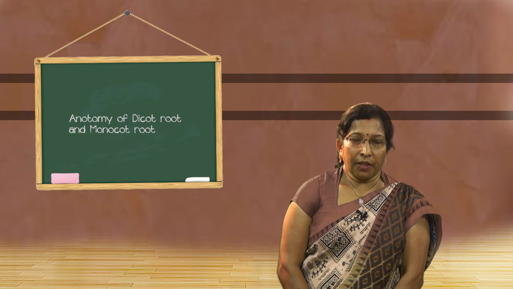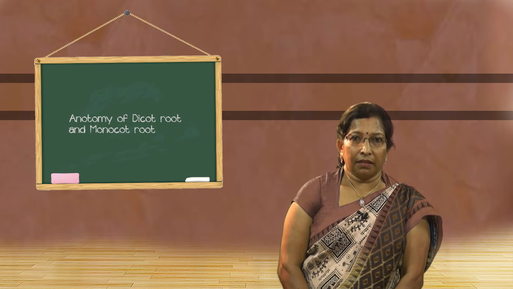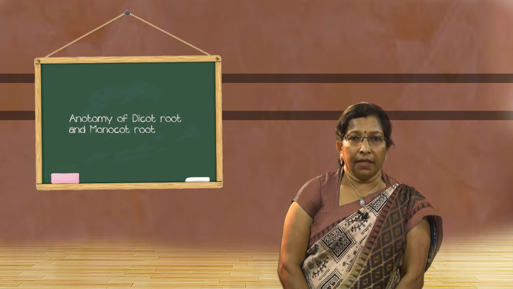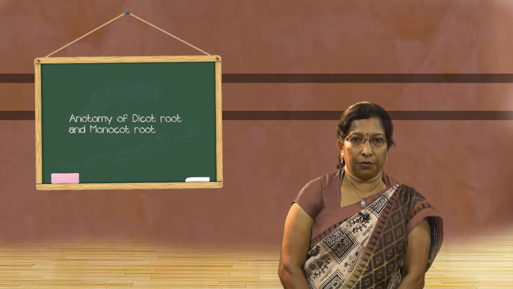The vascular bundles are defined as polyarch, exarch, closed type of vascular bundle, and of course in the monocot root also the vascular bundle is radial. So collectively we can say radial, polyarch, closed and exarch condition in the monocot root.